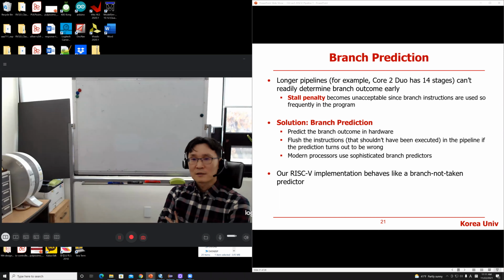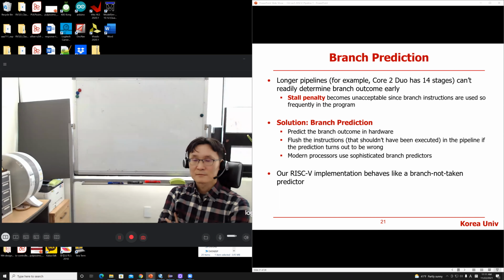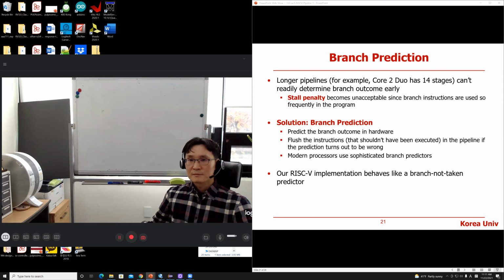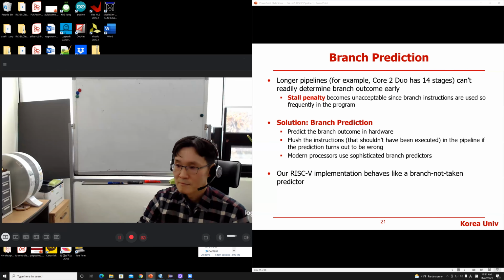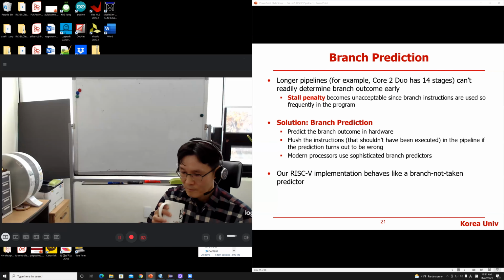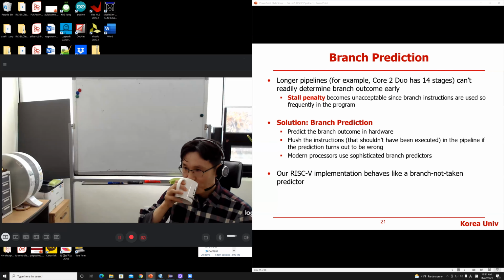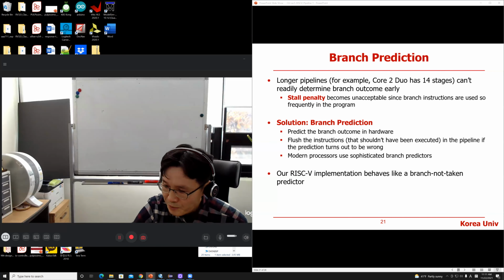Longer pipelines can't really determine the branch outcome early. The stall penalty becomes unacceptable since branch instructions are used so frequently. The solution: branch prediction. Predict the branch outcome in hardware. Flush the instructions that shouldn't have been executed from the pipeline if the prediction turns out to be wrong.